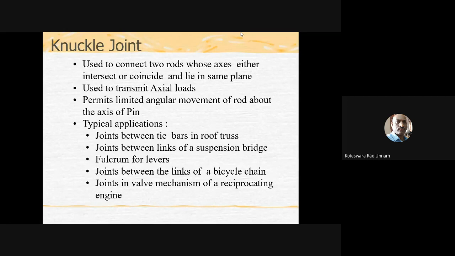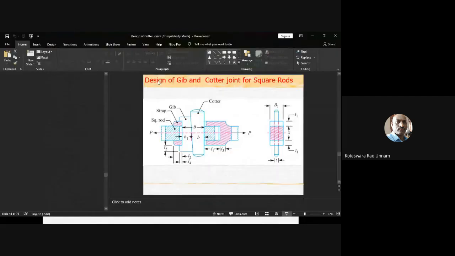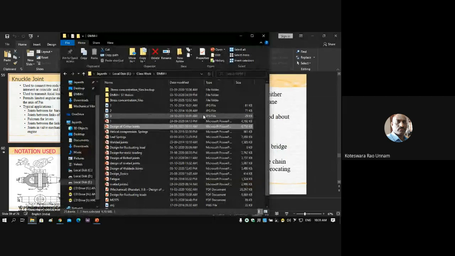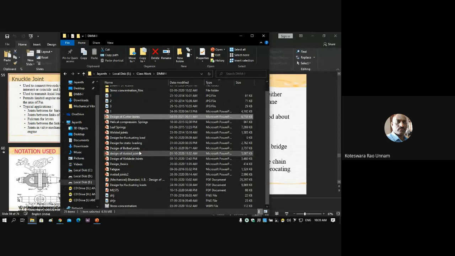So here, what is the knuckle joint? I think better I'll show you one more time the video that I played during the first class. Let me check whether I have a video of that one or not.